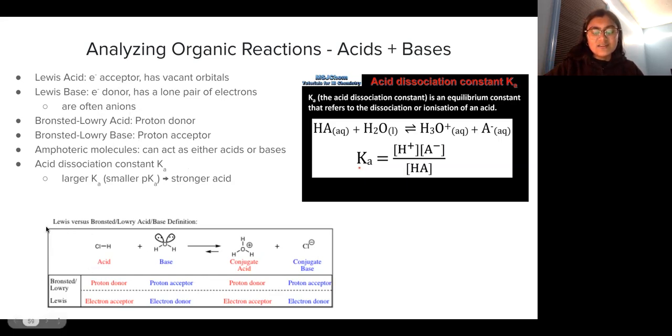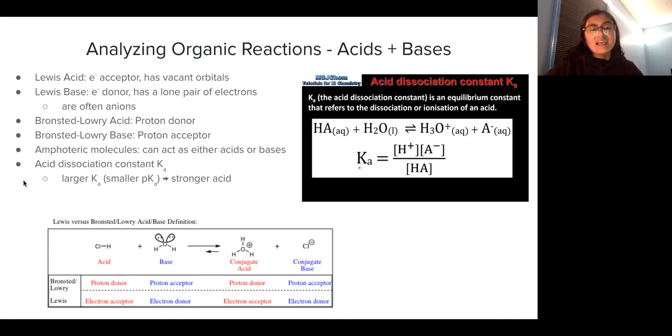And here you can see in this example how they've identified the two different types. So your Lewis acid will be an electron acceptor, whereas a Bronsted-Lowry acid is a proton donor, and it's vice versa for their bases.